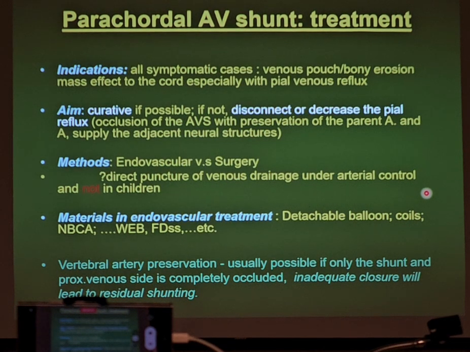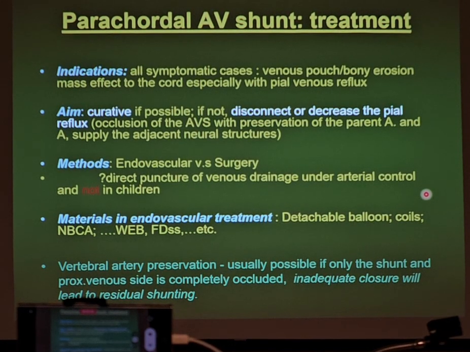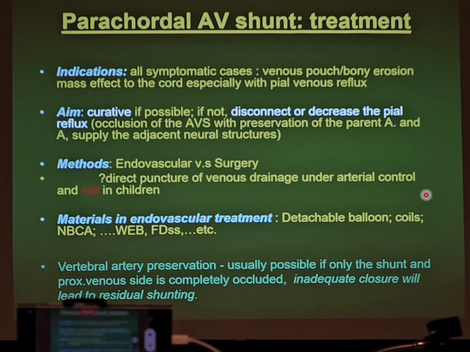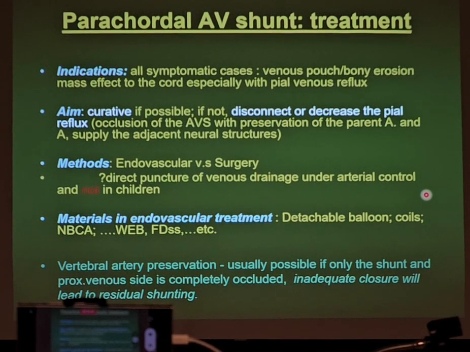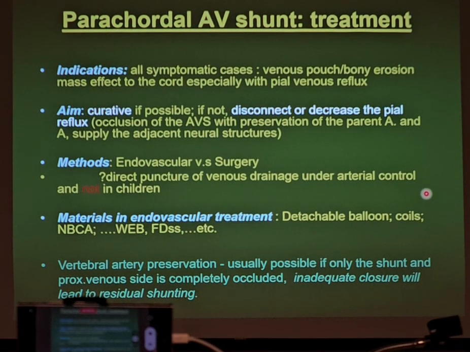So in conclusion, we are talking about the group of paraspinal AVF, and the treatment is for all symptomatic cases, and we love to do the curative treatment. We are dealing with arteriovenous big fistulas, big arteries and big veins. So in the endovascular type of treatment, you can use whatever embolic material you have in your countries.